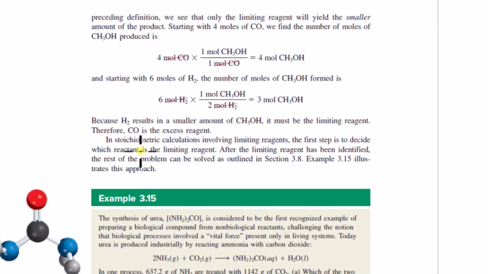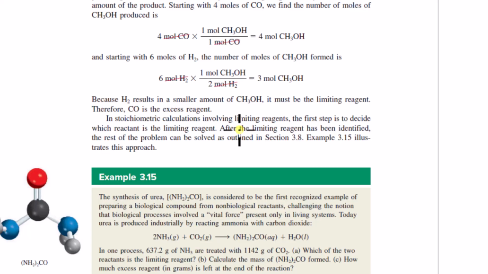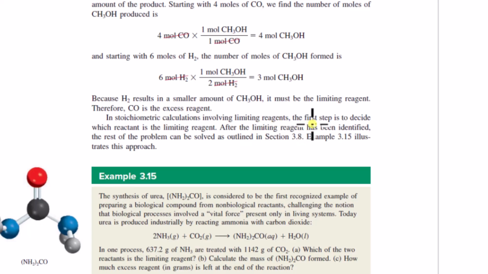And so in stoichiometric calculations involving limiting reagents, the first step is to decide which reactant is the limiting reagent. After the limiting reagent has been identified, the rest of the problem can be solved with everything we've talked about in this video. So to stoichiometrically analyze any chemical reaction, you use all of the methods we talked about in the first part of this video.